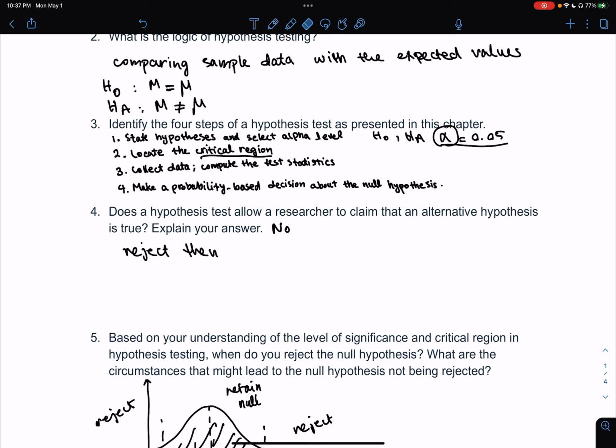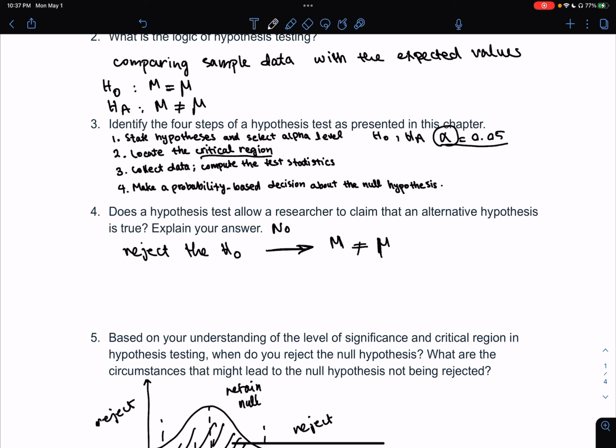So when you reject the null, it means that the mean of the sample of the treated people, so the sample that we collected the data from, is beyond or in the critical region of the mean values.